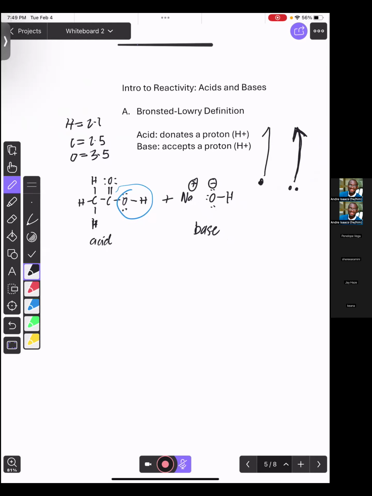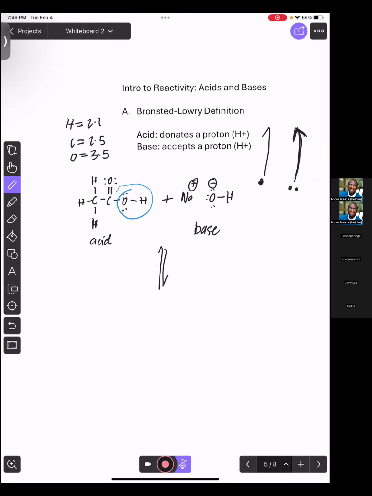All right, so let's draw the result of this reaction. I'm going to draw the products down here, and I'm going to show you how it happens. So what's happening now, let me put my arrow in color so you can see. I'm going to erase the blue so it's not in the way. Okay.